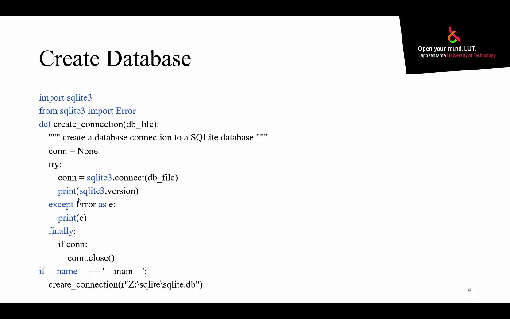If for any reason there's an error, we throw the exception here to print whatever error occurs, maybe if there's a problem with creating the database, and we close the connection. And here we specify the location where we want the SQLite database to be created.